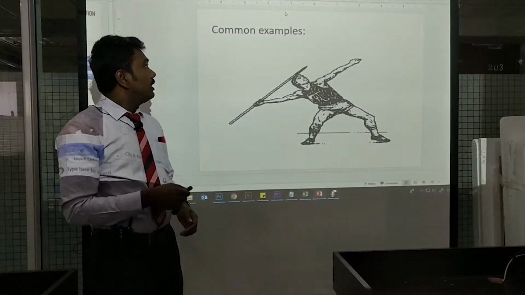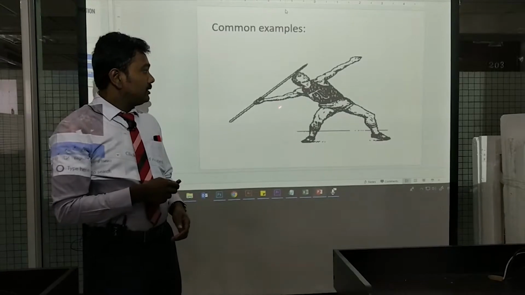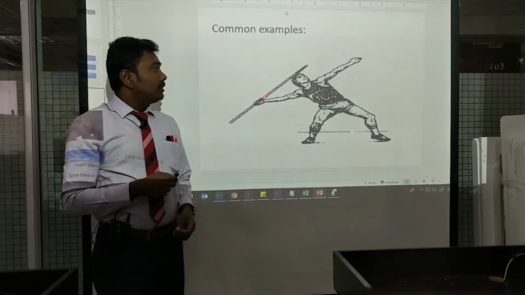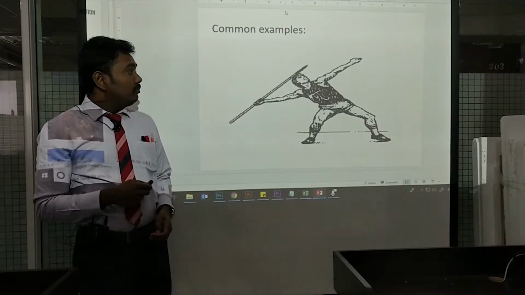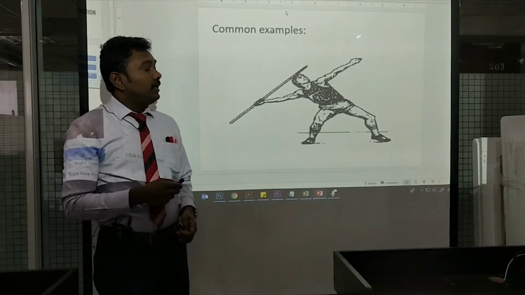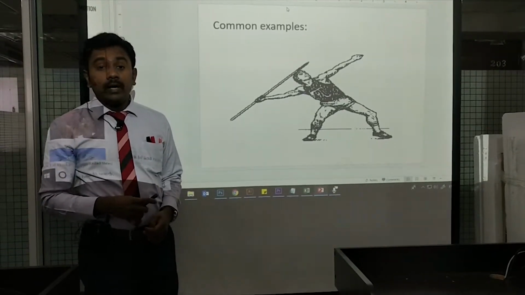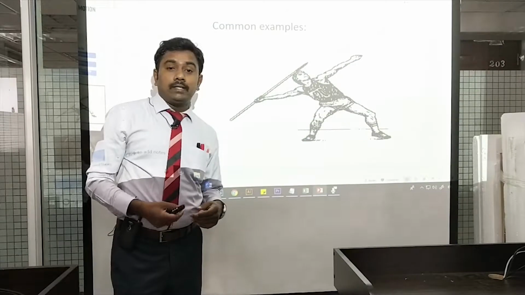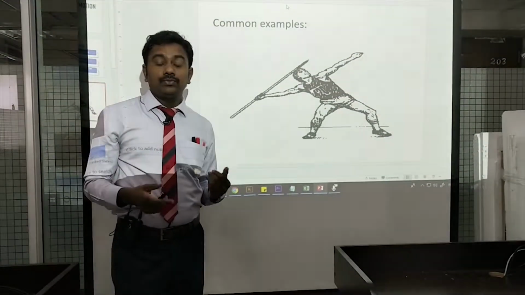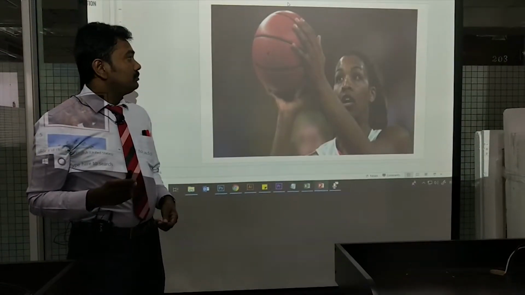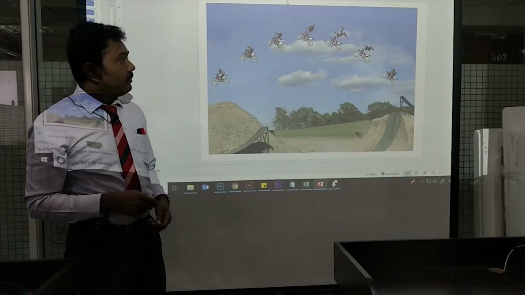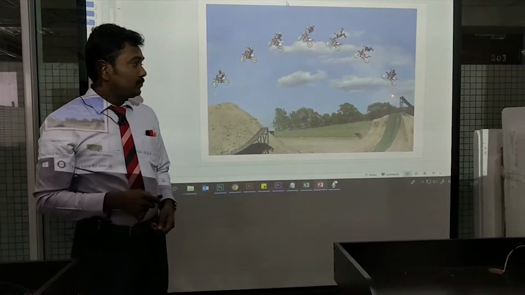Here I have an example. An athlete is throwing an arrow into the air. The moment the arrow is thrown into the air, it becomes a projectile because the only force acting there will be the gravitational force. One more example: here is a biker who is doing a performance.